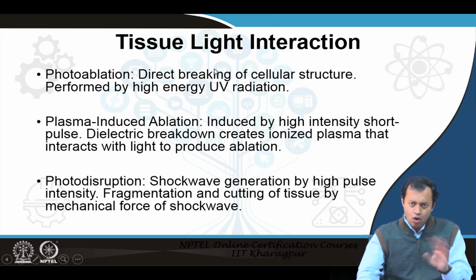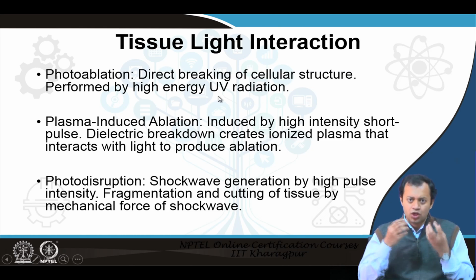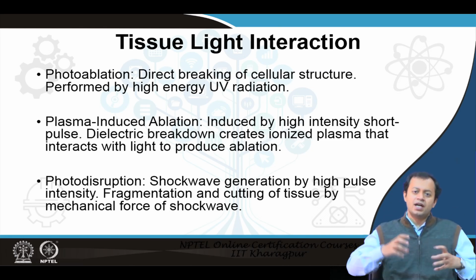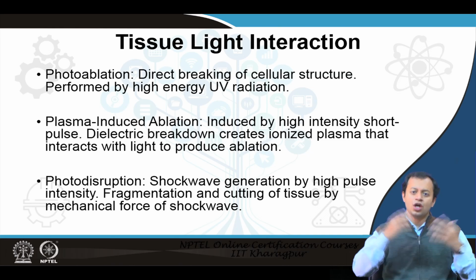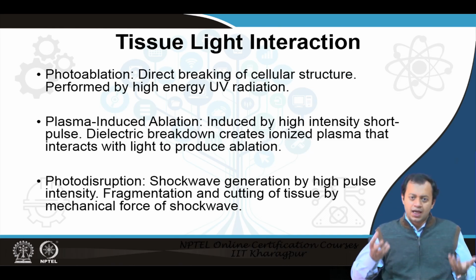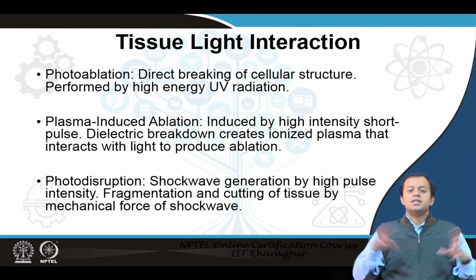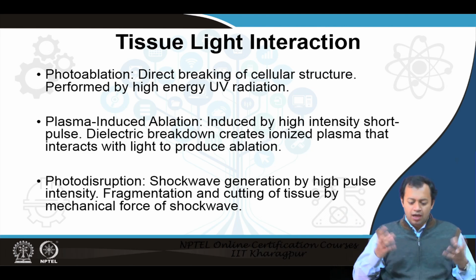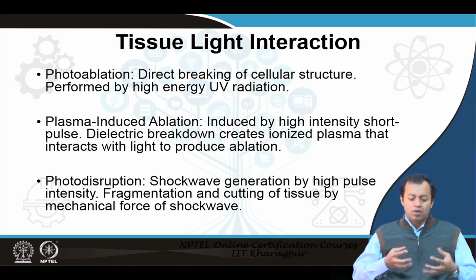Here there is no conversion per se, no heat being generated. It is just that high energy UV radiation itself is energizing the molecules, the electrons, everything inside the cell which forms part of the tissue, and thereby a huge amount of energy is being absorbed, and everything goes into a breakdown condition.